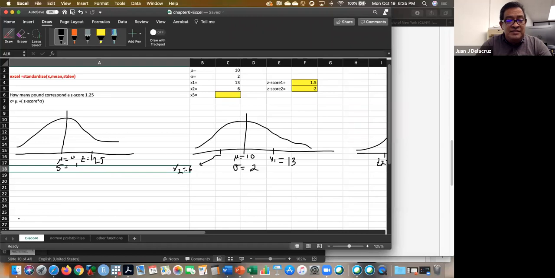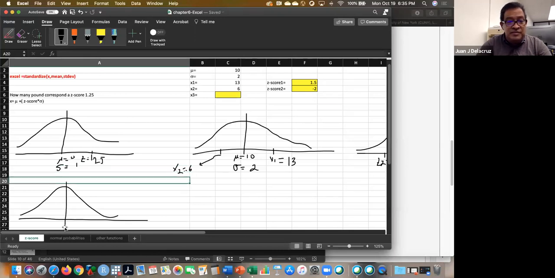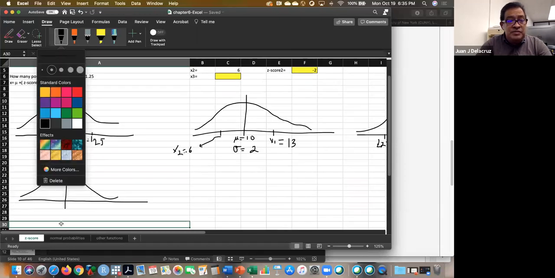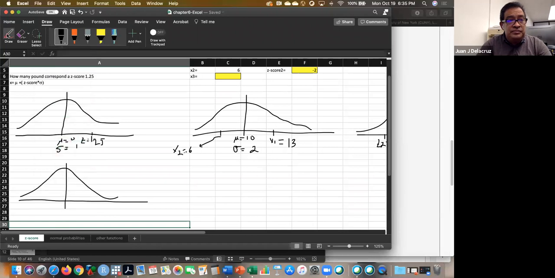So I want to know the number. What it means is the following. Here I have my normal distribution. We go lower and lower. I'm going to have my mu, which is equal to 10 in this case. Sigma is going to be equal to 2.